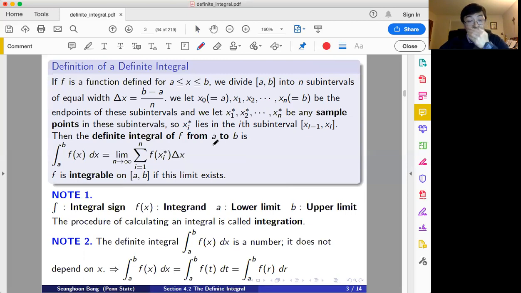What does it mean? You can change this variable to t, but the limit value doesn't change. You can change the variable, but the integral value does not change.